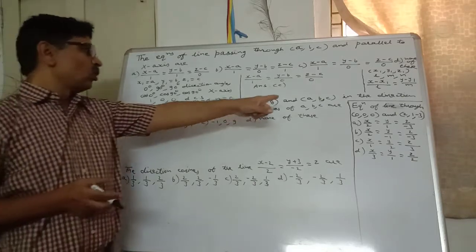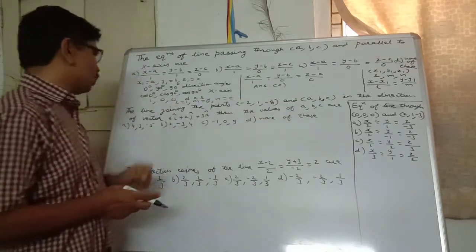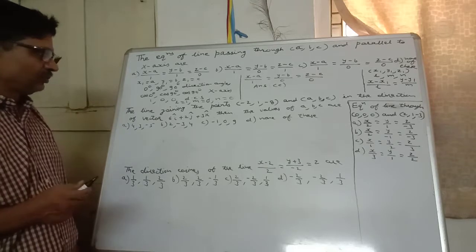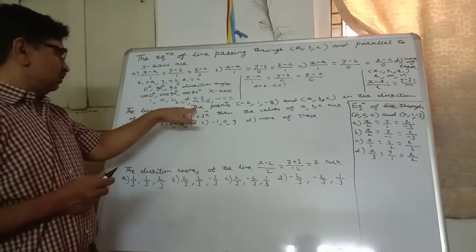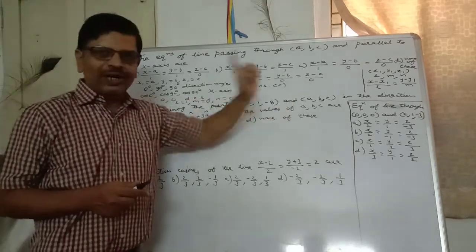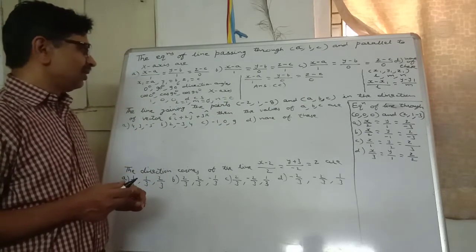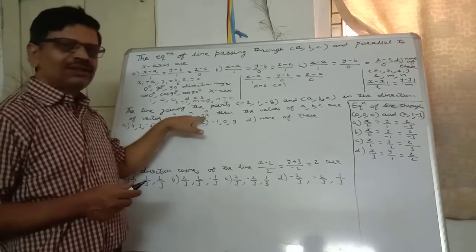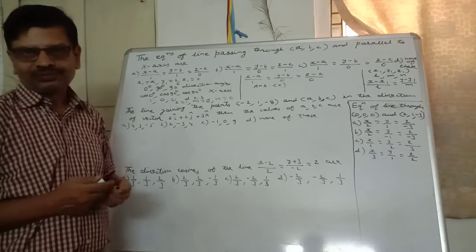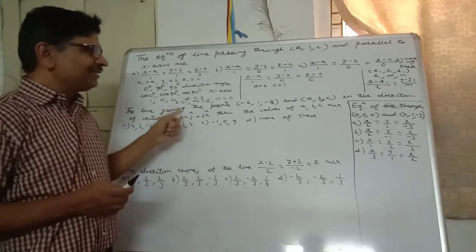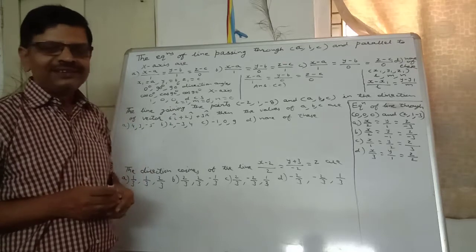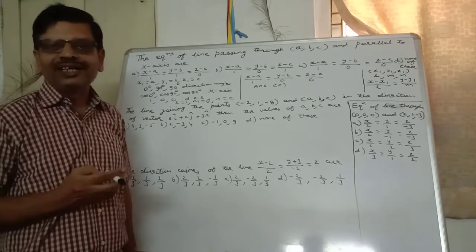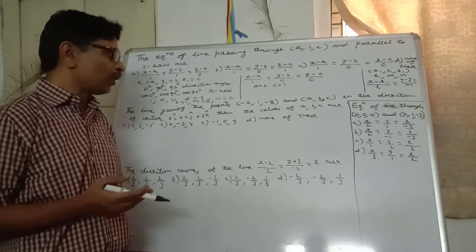They are coordinates of points on the line. So the line is passing through the given 2 points, and its direction is the same as the given vector. As the direction is the same, it means their direction ratios are the same or proportional.